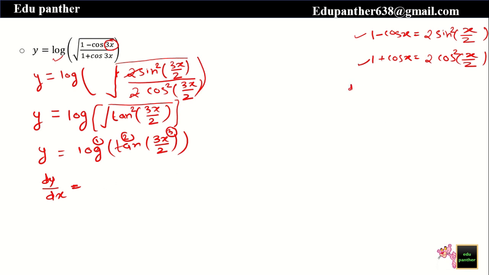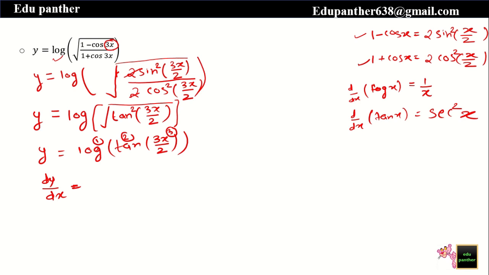What is derivative of log x? I'll write all the required formulas here. Derivative of log x is 1 upon x. Then what is derivative of tan x? Derivative of tan x is sec square x. Okay, I'll take the derivative in one step only.